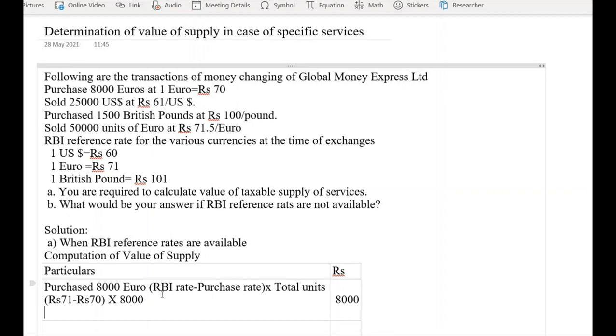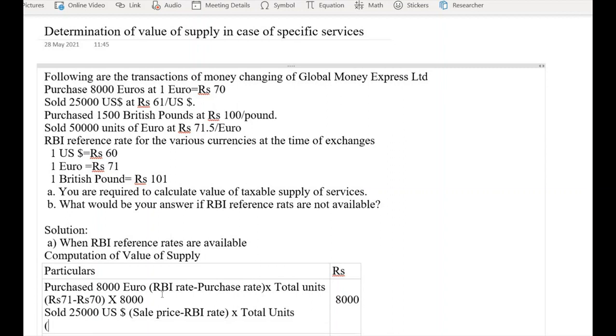Then similarly sold 25,000 US dollars. So again the same here. So selling price is rupees 61, whereas RBI reference rate is 60 rupees. So sale price minus RBI rate multiplied by total units.